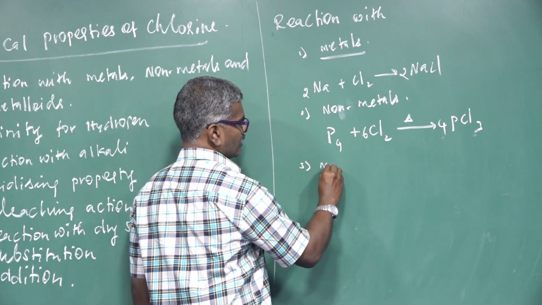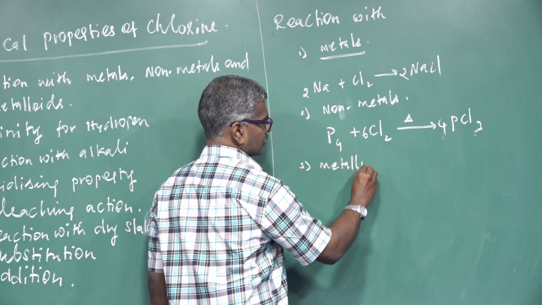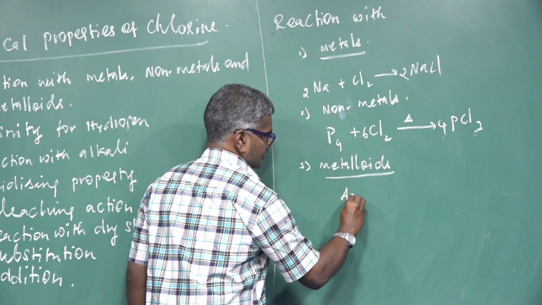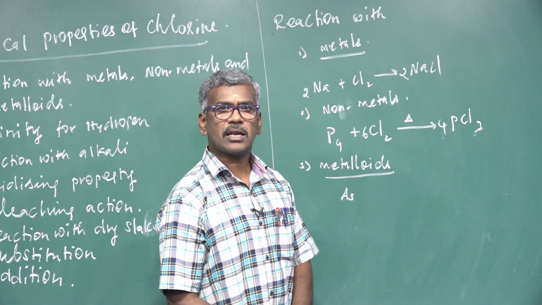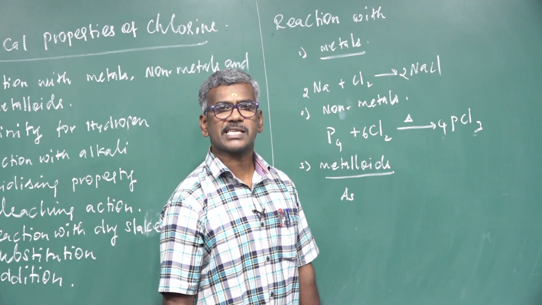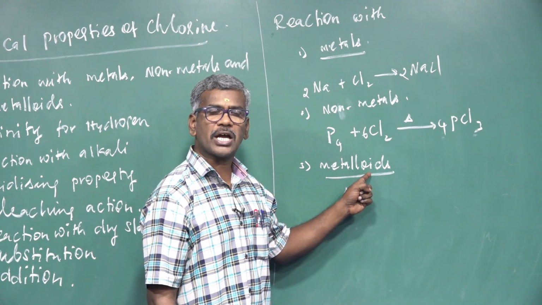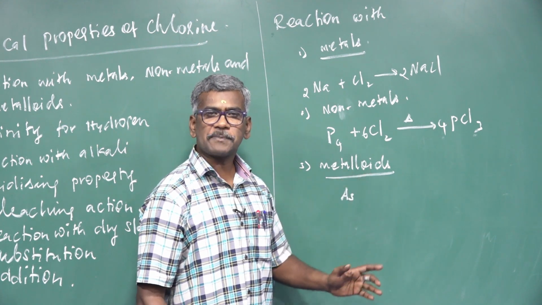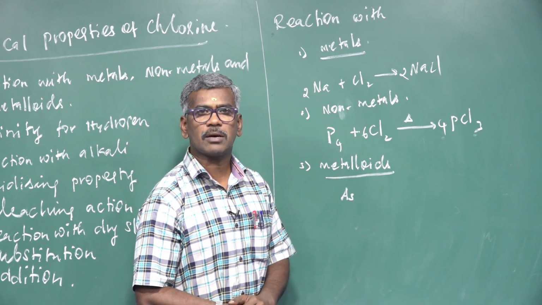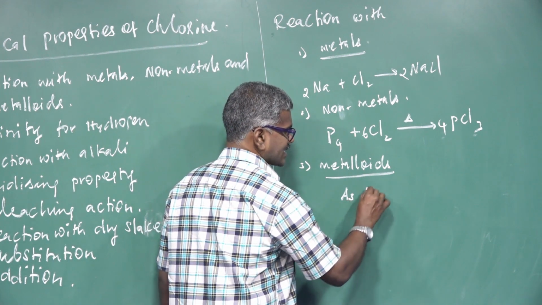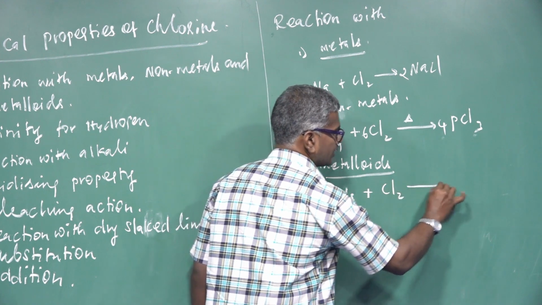Another one, metalloids. Silicon, arsenic, germanium are examples of metalloids. What is the meaning of metalloid? A metalloid is any substance or element having both metal and non-metal character. Best example, arsenic reacts with chlorine.